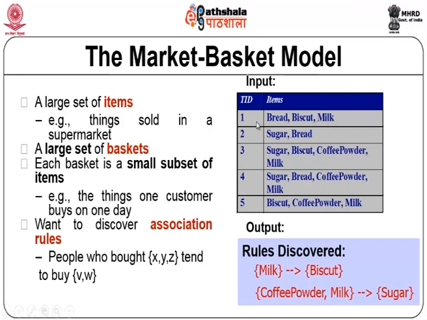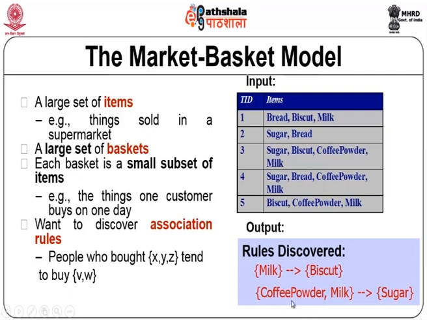In transaction 1 you have biscuit and milk, in transaction 3 you have biscuit and milk, and in transaction 5 you have biscuit and milk. Out of 5 transactions, 3 comprise the items milk and biscuit together. Therefore, you can derive a rule stating that if a particular person purchases milk, then there is a chance for the same person to purchase biscuit.